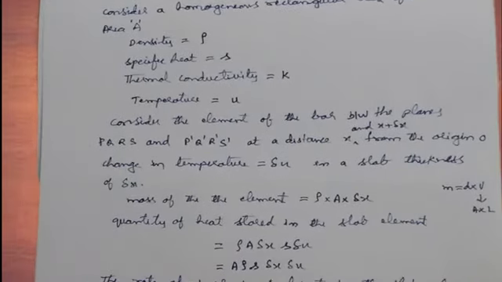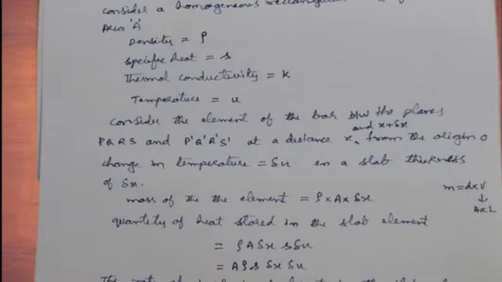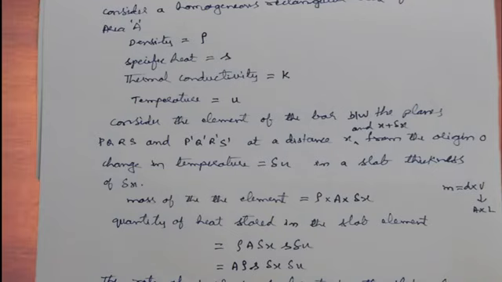The rate of increase in the slab depends upon the change in temperature, dou U by dou T, and the mass, that is A rho delta x, into the specific heat. So the rate of increase depends upon this mass, specific heat, and the change in temperature.